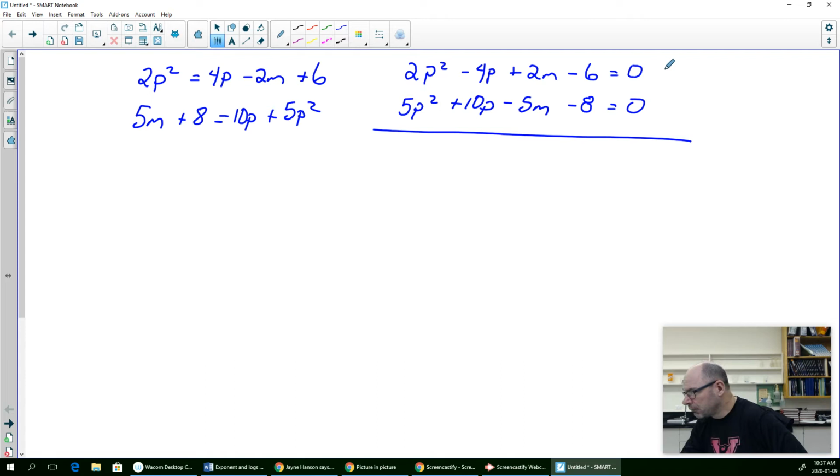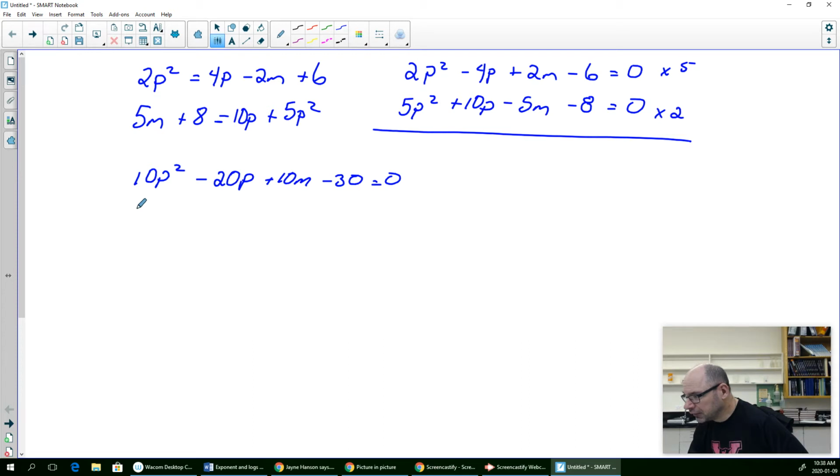So this one I'm going to multiply by 5. And this one I'm going to multiply by 2. Okay, and then I'm going to write it out here. So it's going to be 10p squared minus 20p plus 10m minus 30 equals 0.